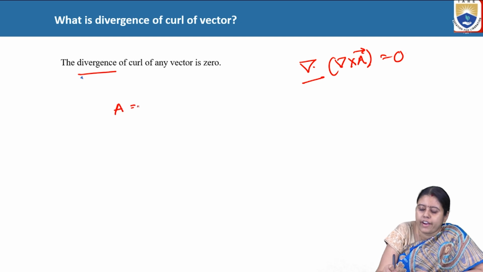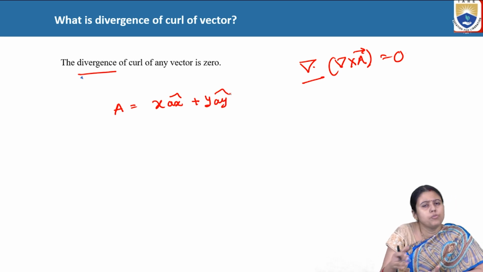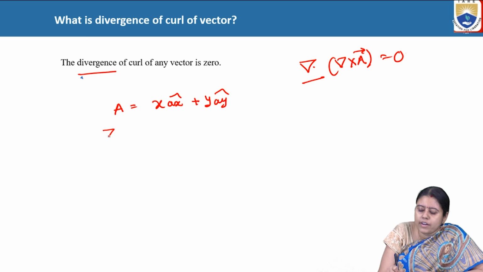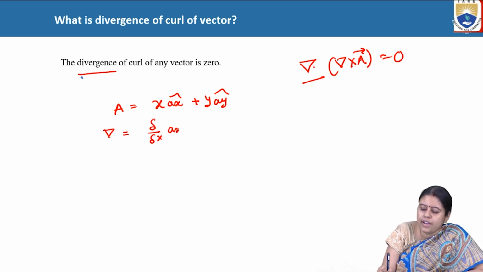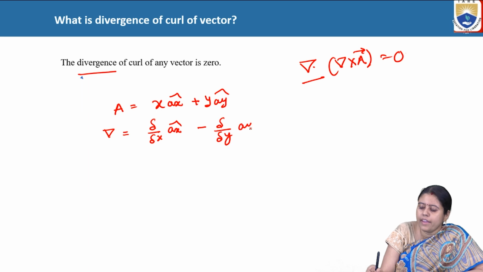Say A is a vector equal to Ax ax plus Ay ay. I am taking a simple xy plane; you can do it for the z plane also. So what is the value of grad cross A? What is the meaning of grad? Del by del x ax plus del by del y ay.